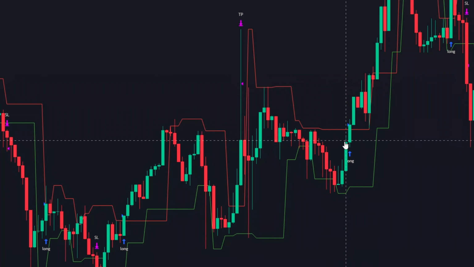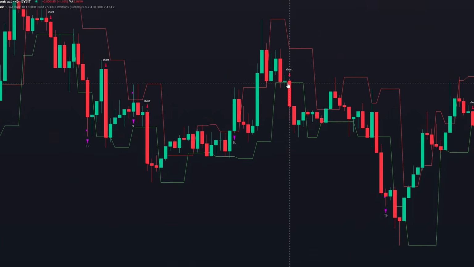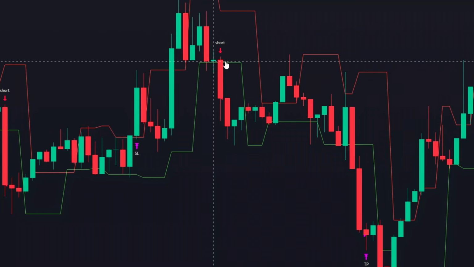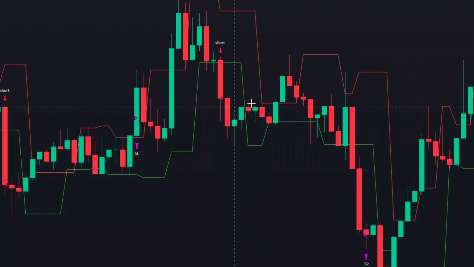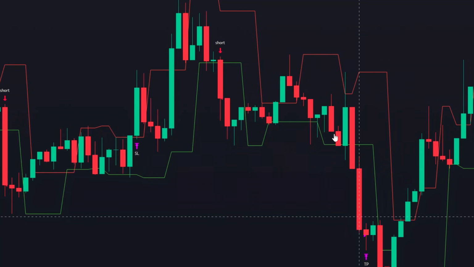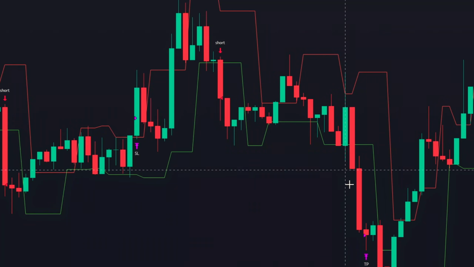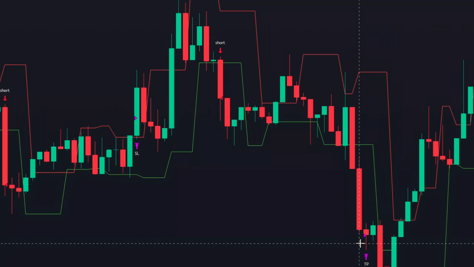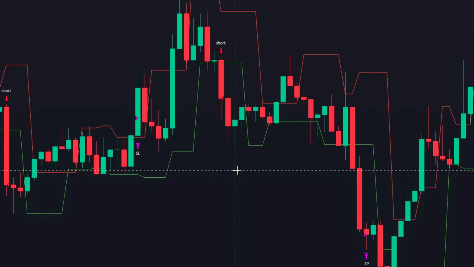So when the price crosses above this upper band, we will open a long position. Whereas when the price crosses below the lower band, as in this example, the price continues in its downward direction. In fact, as you can see here, price crosses below this lower band, and then the price continues in its downward direction. So the way we are using this indicator is a breakout strategy.